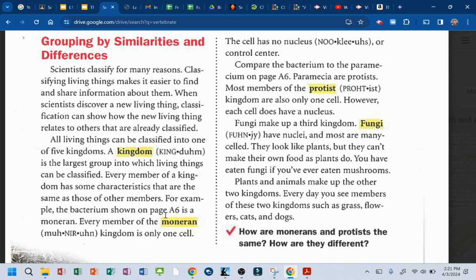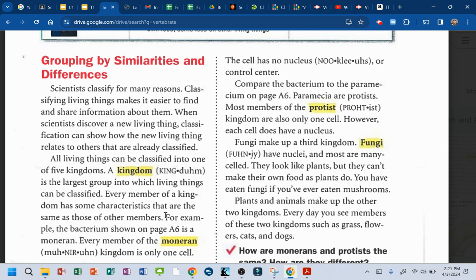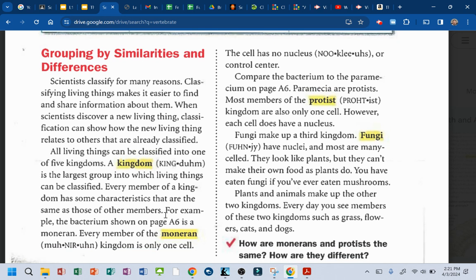For example, the bacterium shown on page A6 is a moneran. Every member of the moneran kingdom is only one cell. The cell has no nucleus or control center.